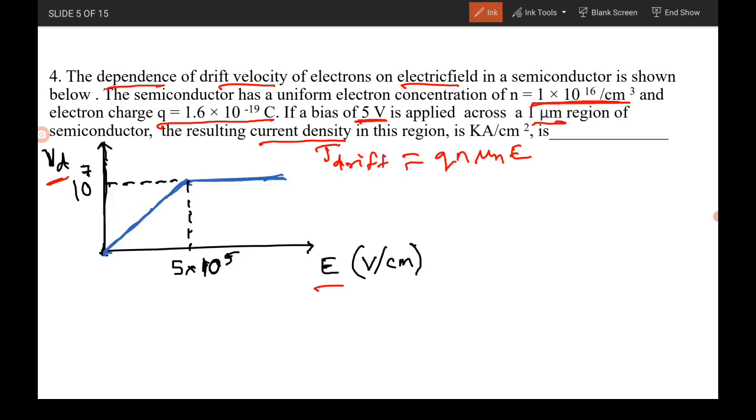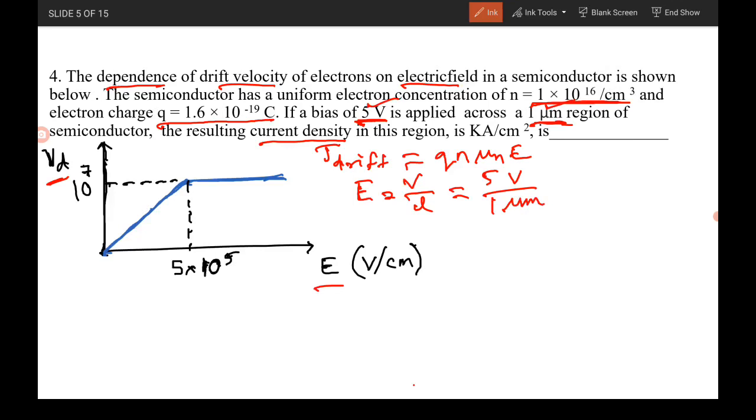So first we have to get the value of E. How can we get it? We have the supplied voltage and the length. The supplied voltage is 5 volts and the length is 1 micrometer, so we can easily find the electric field. E is equal to V divided by L. V is 5 volts, and L is 1 micrometer.